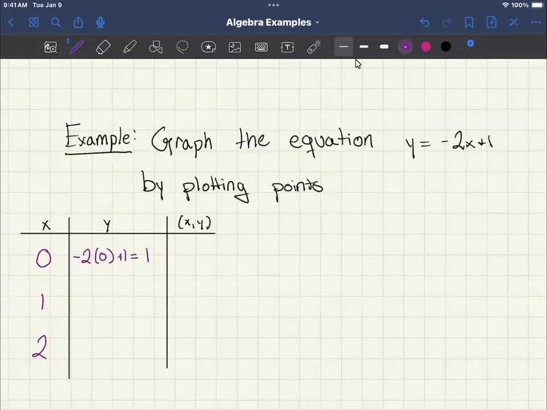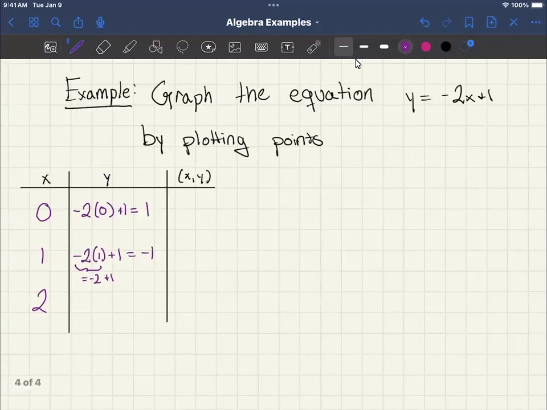We're going to do the same thing for plugging x is equal to 1 into our equation. In this case, we get negative 2 times 1 plus 1. So that is going to give us negative 2 right here plus 1. So that is going to give us negative 1 as our solution.